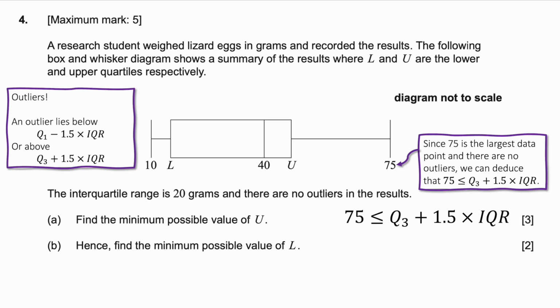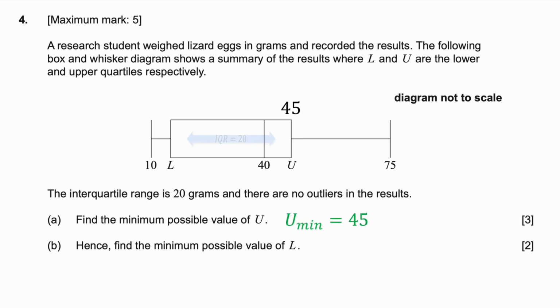And we know the interquartile range is 20, so we can replace the interquartile range with 20. And 1.5 times 20 is 30. We take 30 off both sides, and we get 45 is less than or equal to u. So the minimum possible value of u is 45. U cannot be smaller than 45.